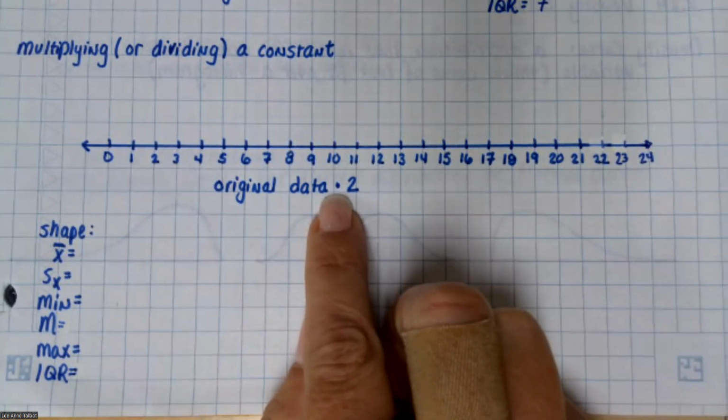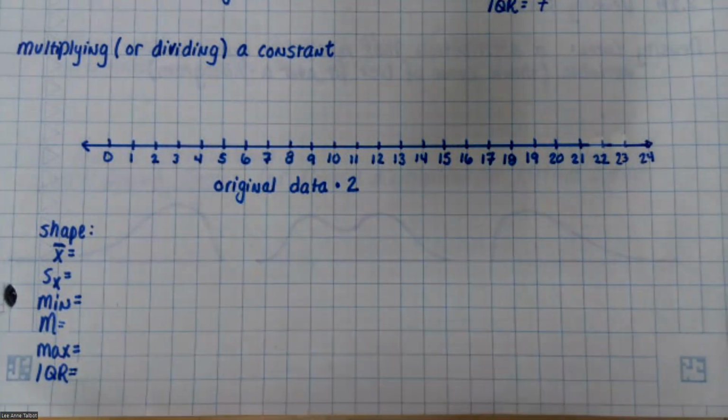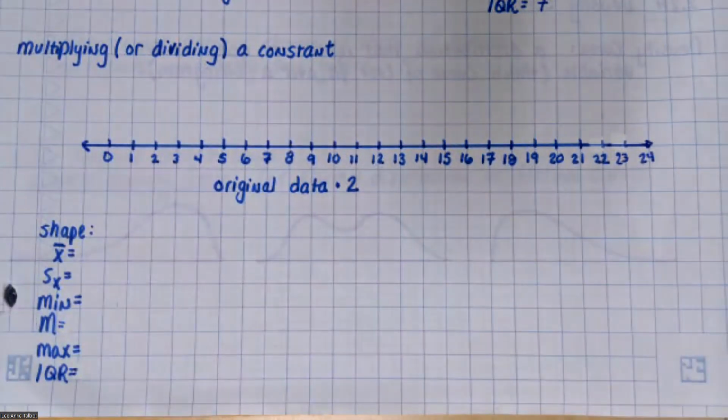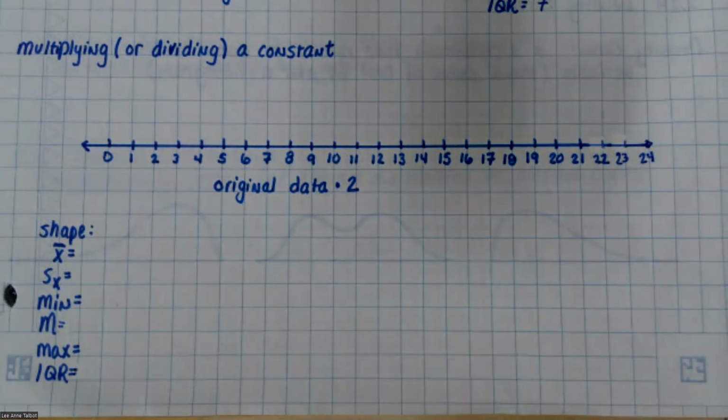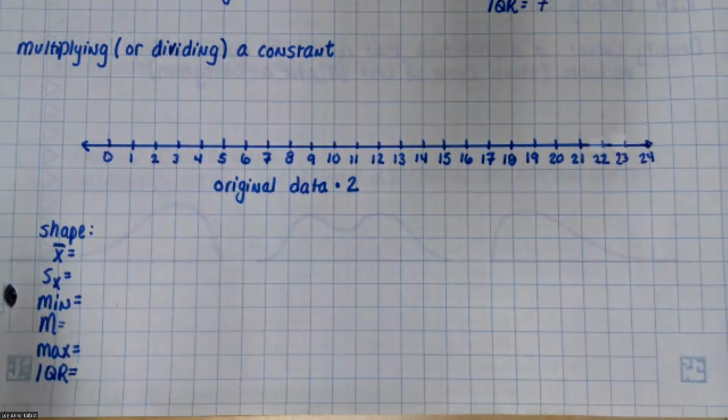And this, by the way, is a times, this dot here. Okay, guys, so the first thing that we rolled was a 3.